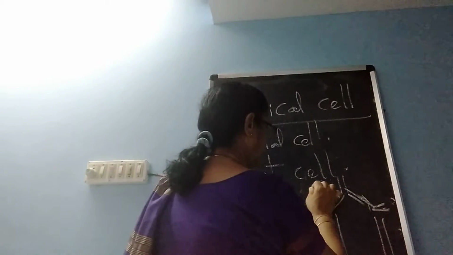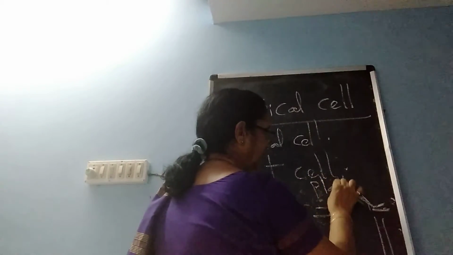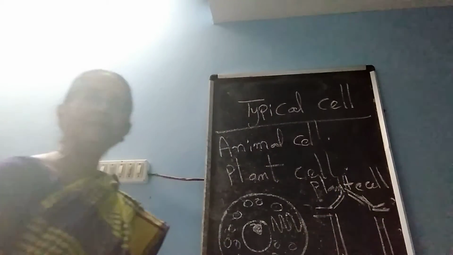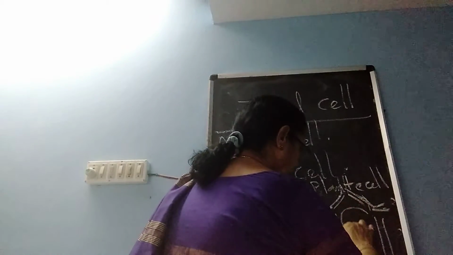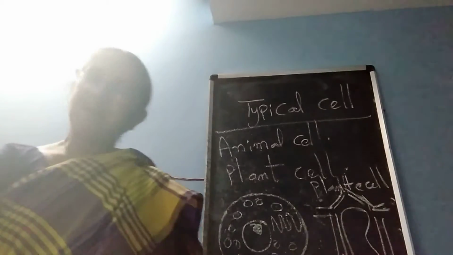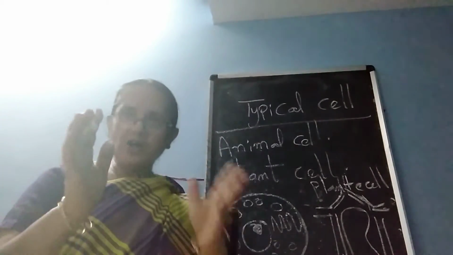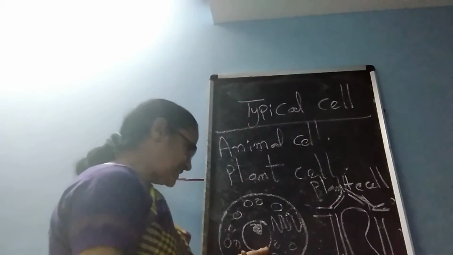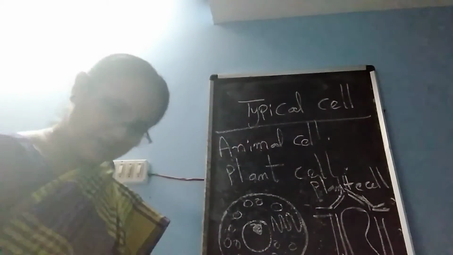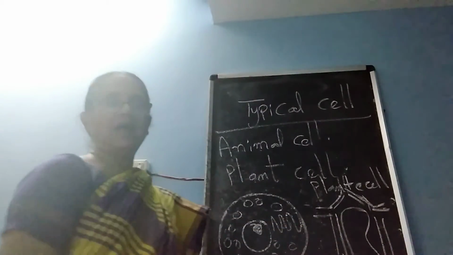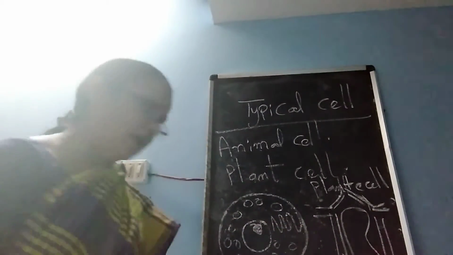Inside the plant cell, we find a central body. This central body is known as the vacuole. In the plant cell, the vacuole is very large, whereas in the animal cell the vacuole is small.